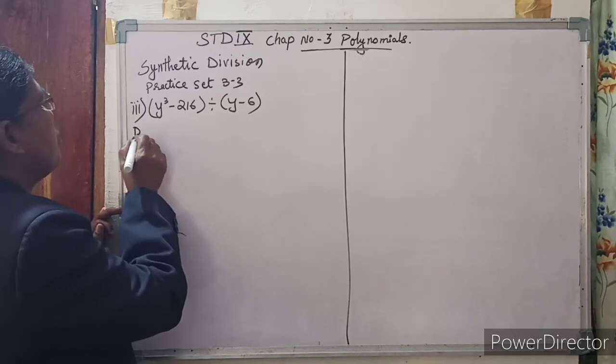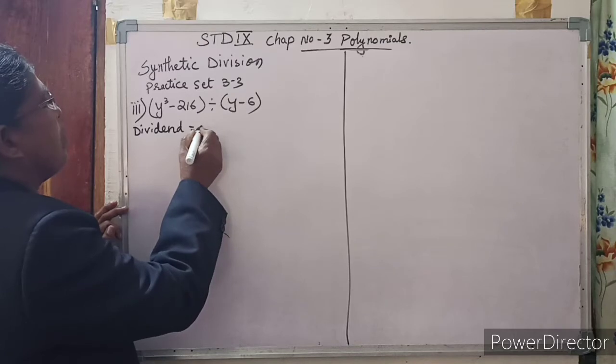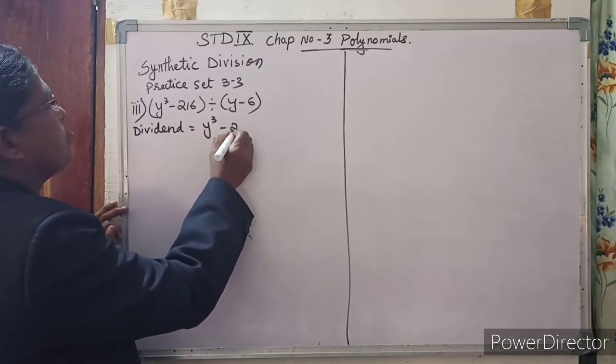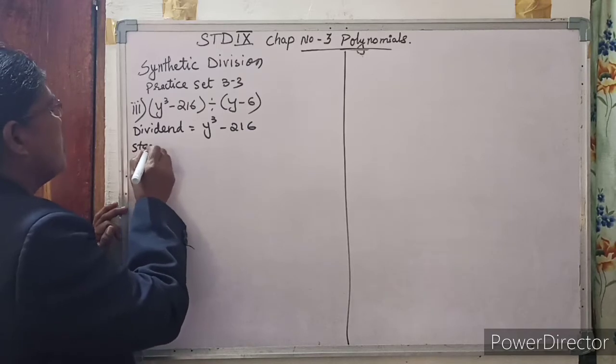So the dividend is y cube minus 216. We will write this in standard form.